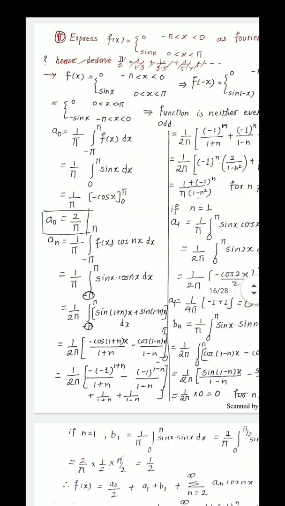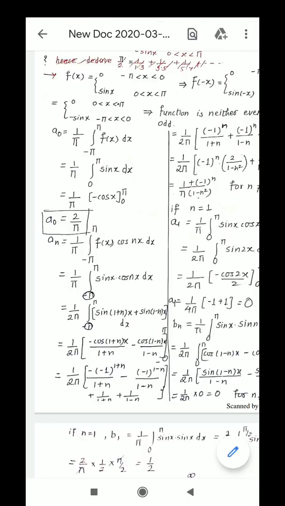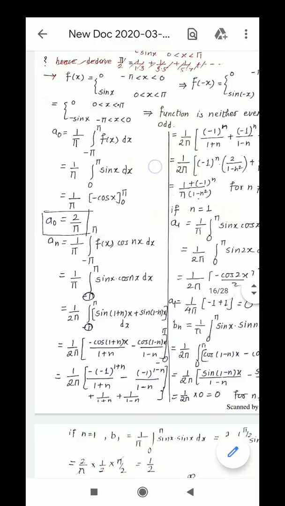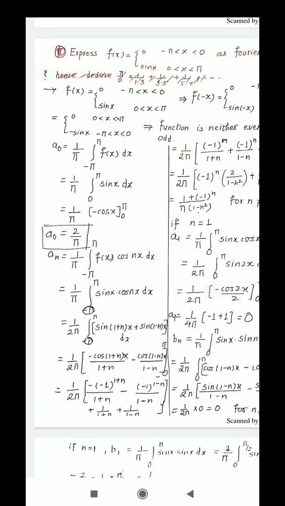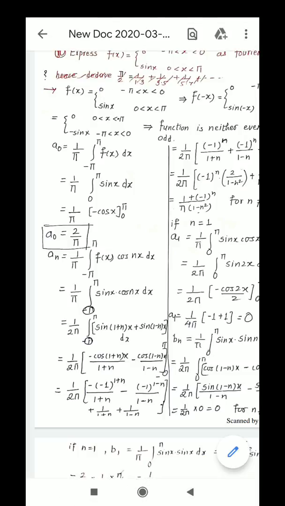So what is the formula? a0 is equal to 1 upon L, integral from minus L to plus L of f of x dx. L is pi here, so 1 upon pi, integral from minus pi to plus pi. In minus pi to plus pi, f of x is given as this, so we have to split it in two parts, minus pi to 0 and 0 to pi. In minus pi to 0, f of x is 0, so the value of that integral is 0, plus 1 by pi into the integration from 0 to pi.